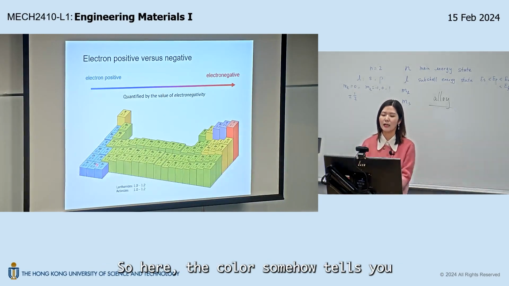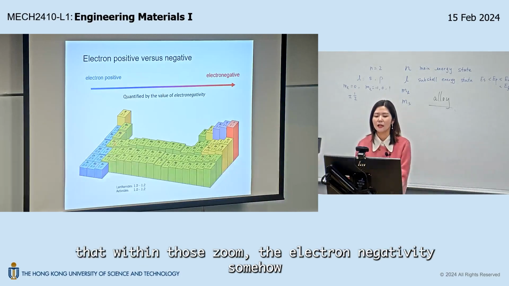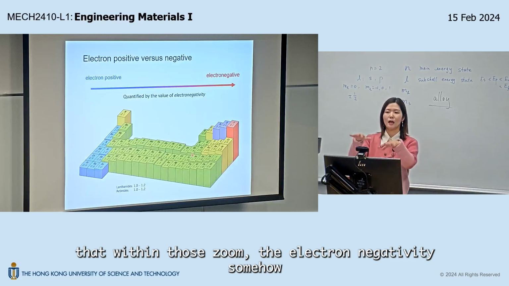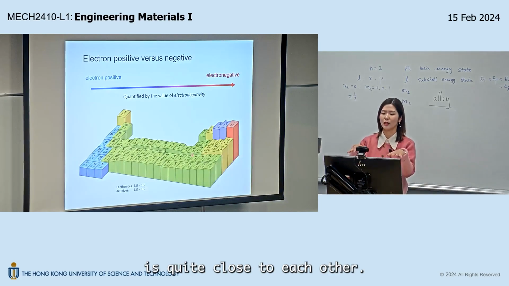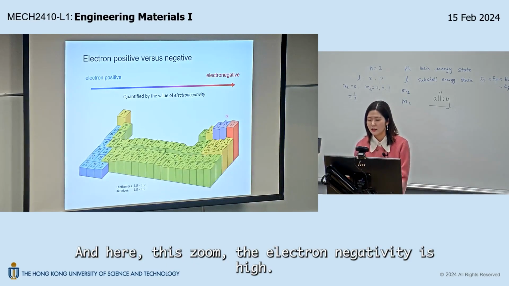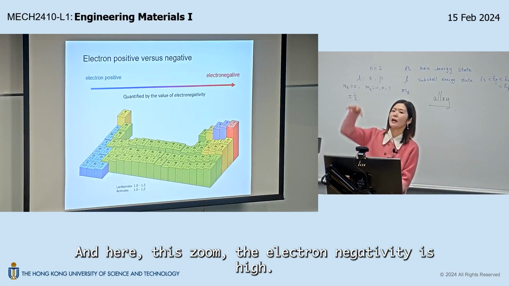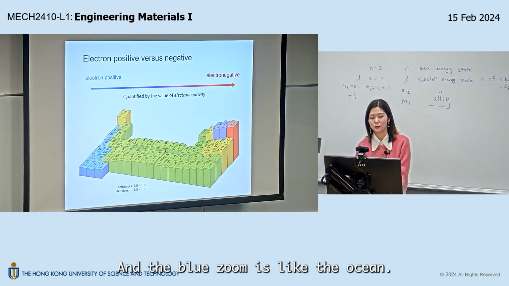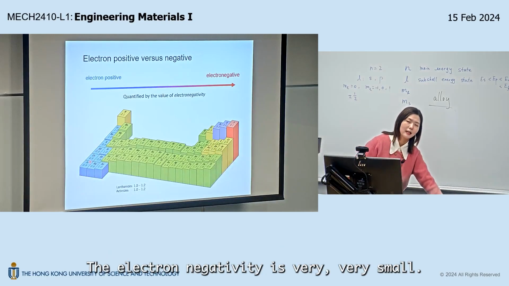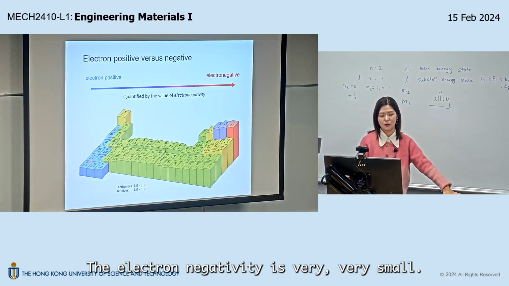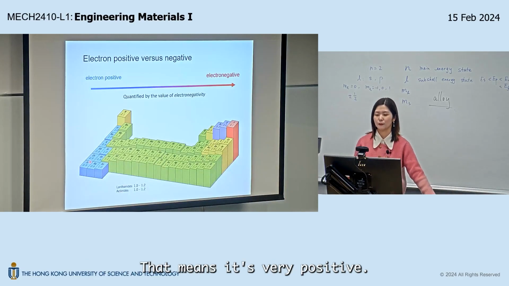So here, the color tells you that within those zones, the electron activity is quite close to each other. And in this zone, the electron activity is high. And the blue zone is like the ocean, the electron activity is very, very small. That means it's very positive.